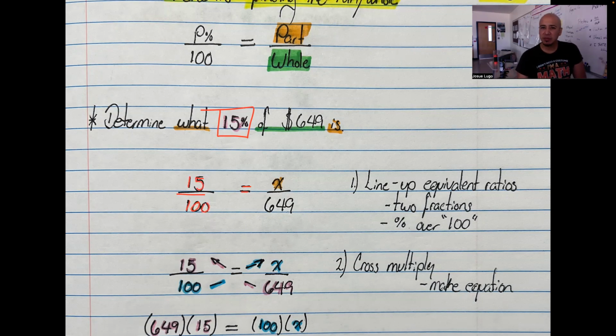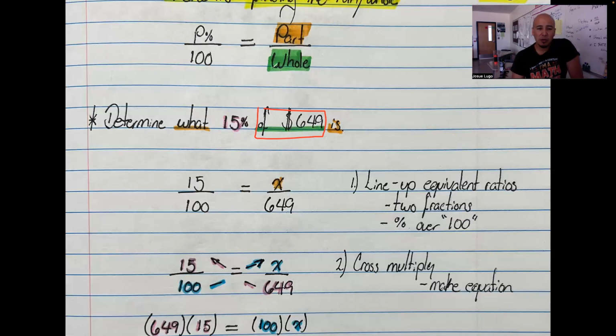Next, let me see some of the other clues that are given to me. Well, notice how it says of 649. It doesn't say that 649 is 15%. Rather, we want to know what is 15% of 649. In other words, we're taking that from $649 in this case.